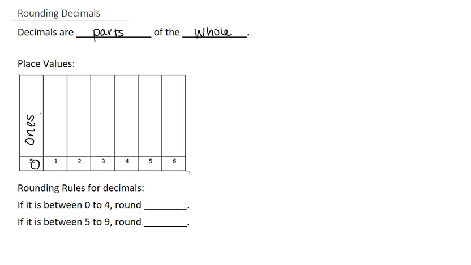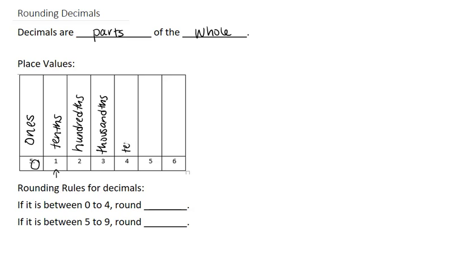So the first one we go to, which is this one, is our tenths place. Then we move to the right one, and we have hundredths. Notice that all we do is we add the THS at the end. So we go tenths, hundredths. Then to go from hundredths to the next one, we go to thousandths.